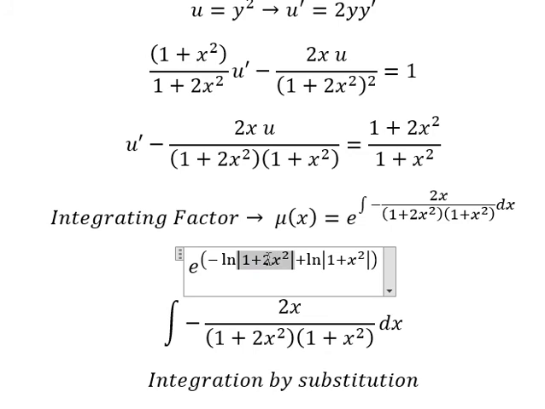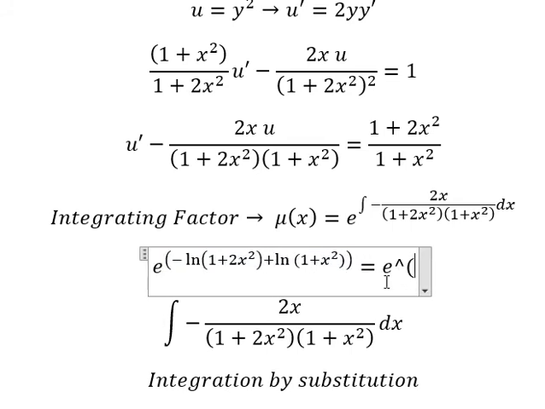But we don't need to use the absolute value in here. So for this one, we can put like this.